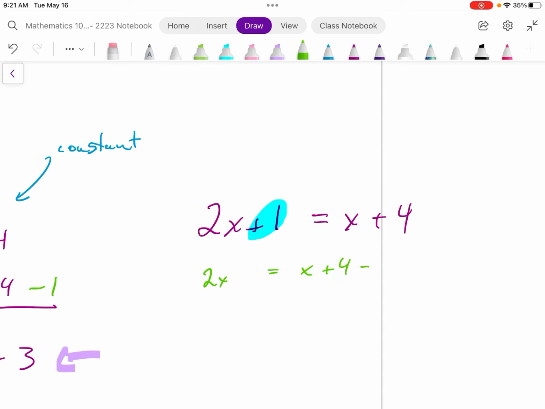So I'm going to subtract 1 from both sides. It's implied here. Why didn't I write anything there? If I knew that I was going to add 1 and subtract 1, I knew the result would be 0. That's why I didn't put it in. And my algebra looks a little bit neater now.